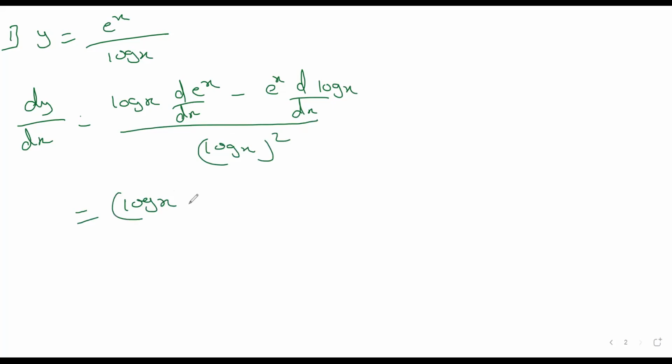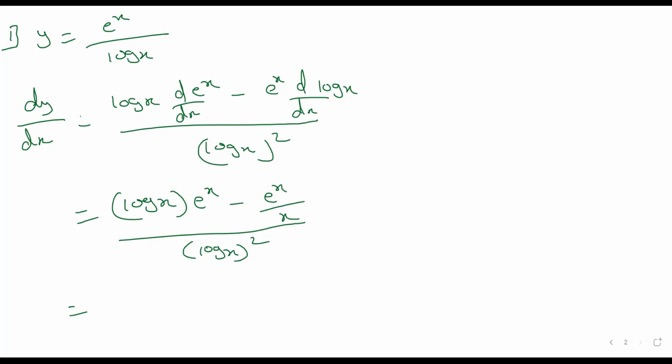So it is log x e raised to x minus e raised to x upon log x bracket square. You can take e raised to x common or you can keep this as it is. Okay, this is how we solve the quotient rule.